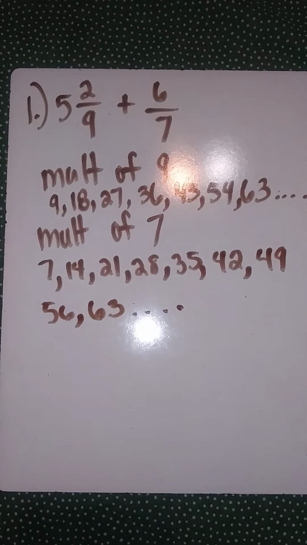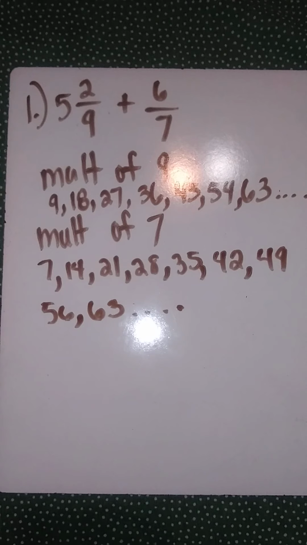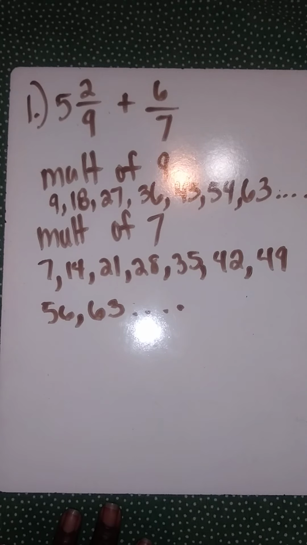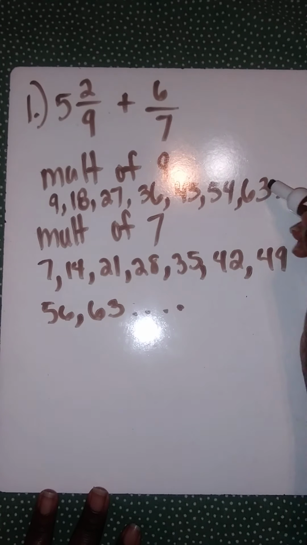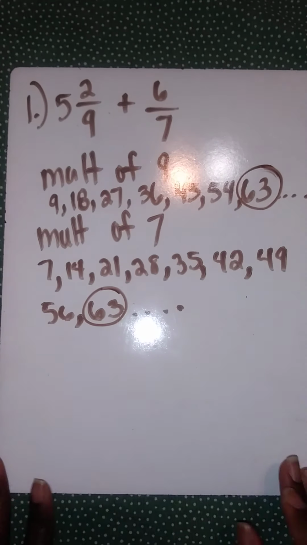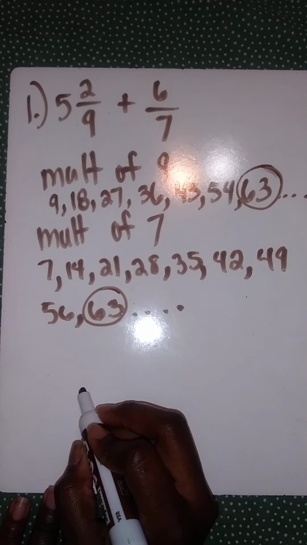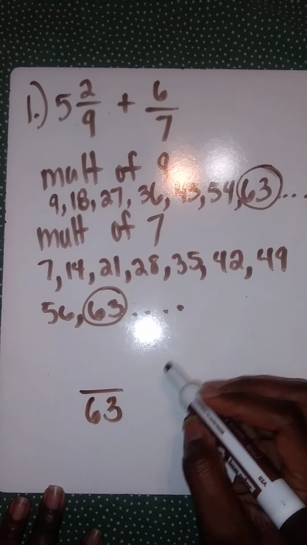And I kind of stopped there because I knew that 63 is going to be my common denominator. So when you're looking for your common denominator, you're looking for the first number that they have in common. And the first number from looking at my list that they have in common is 63. So my new denominator is 63.